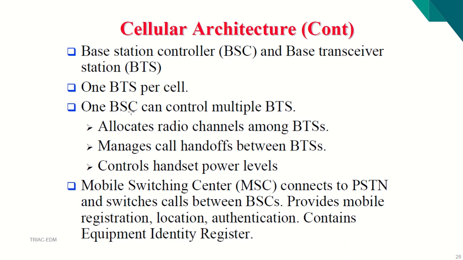So for example, if you go from cell A to cell B, then the controller knows it. It knows that your signal is getting stronger and stronger to cell B, then it can do the handoff for you. And then it controls handset power level, which means that if you are further away from the base station, then it will increase your power. So I think it's a very important concept. Let's say your location is further away from a base station, then the controller knows about this.